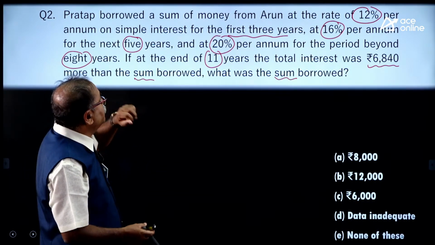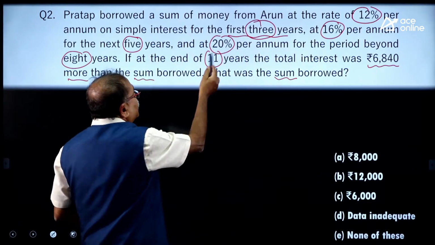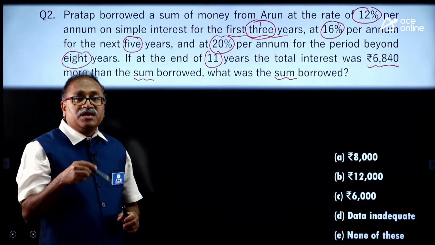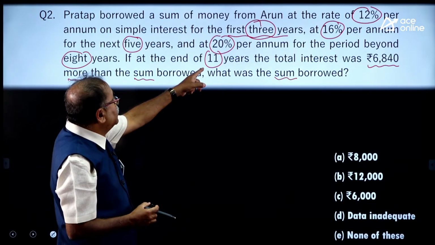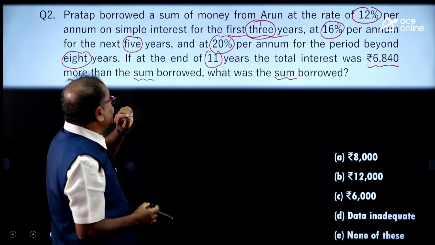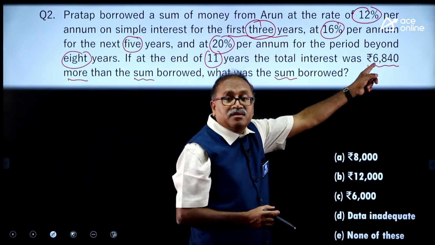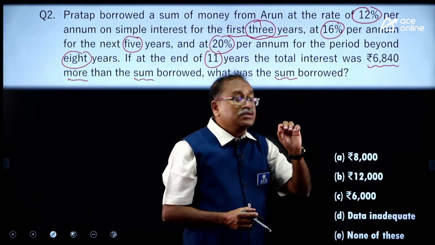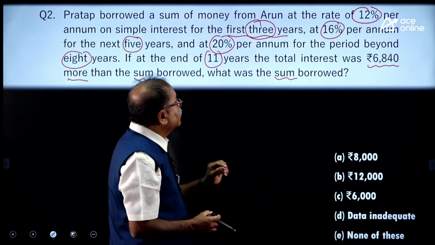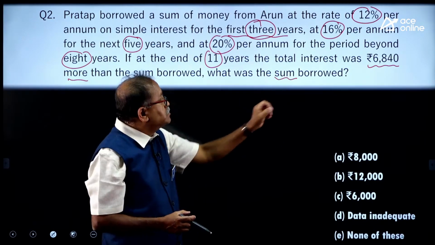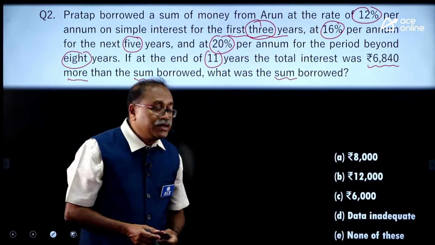From 11 years, if I take out these 3 years and 5 years, that is 8 years, the extra is 3 years and the rate of interest for those 3 years is 20%. And we know this is 6,840 more than the principal, that is what the interest is, and you are asked to find out the principal. Good question, my dear friends.